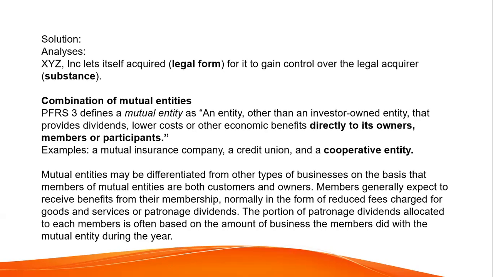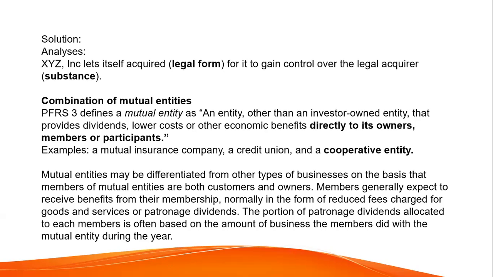When computing for goodwill in a reverse acquisition, the consideration transferred is computed based on the number of equity interests the legal subsidiary, or the accounting acquirer, would have had to issue to give the owners of the legal parent, or the accounting acquiree, the same percentage of equity interest in the combined entity that results from the reverse acquisition. I will repeat this statement.